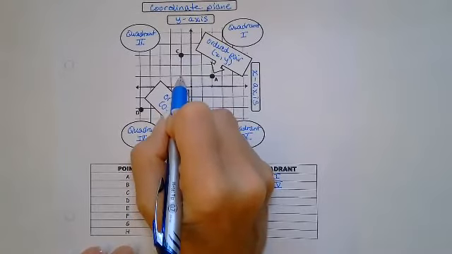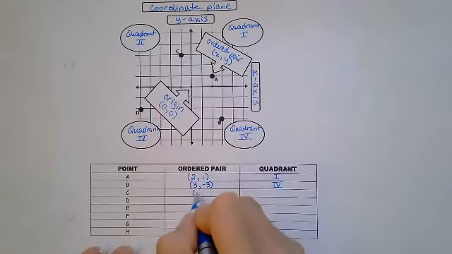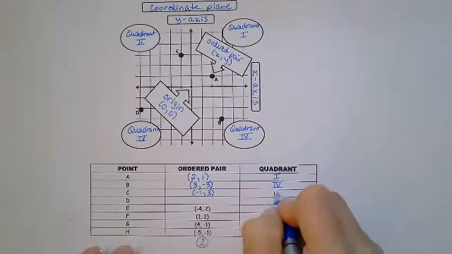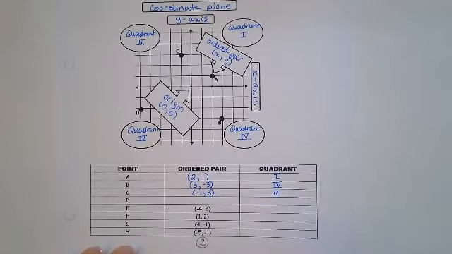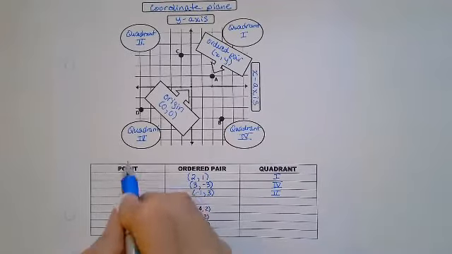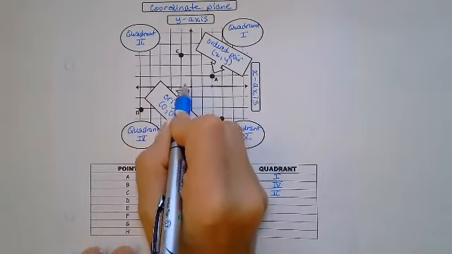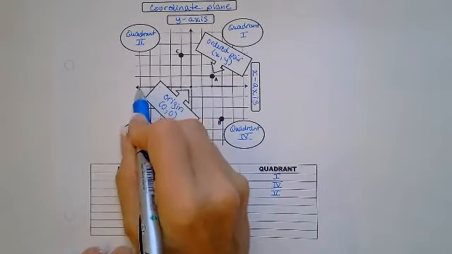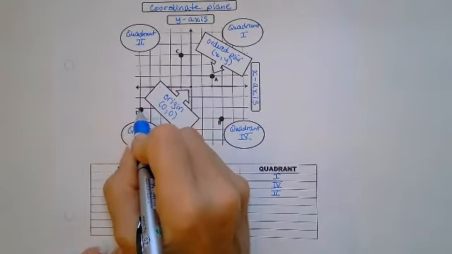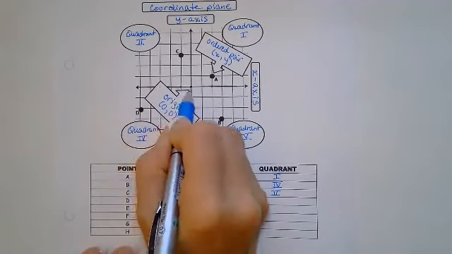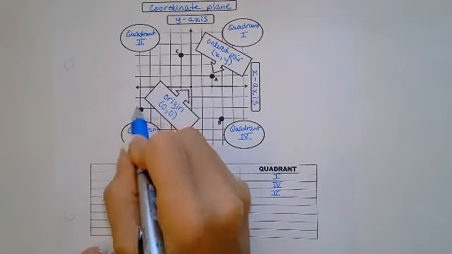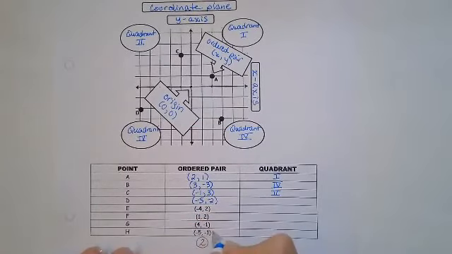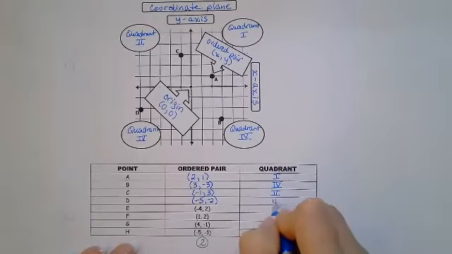So -1, 3. And it is in quadrant 2. Point D, start at my origin, -1, -2, -3, -4, -5, and then down 2. So that ordered pair is -5, -2. And it's in quadrant 3.